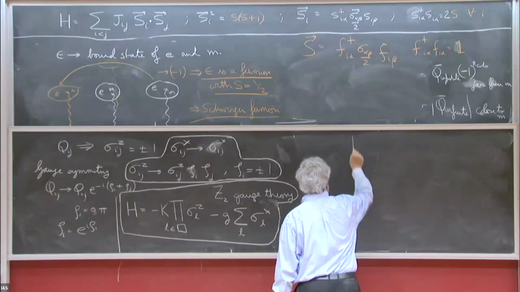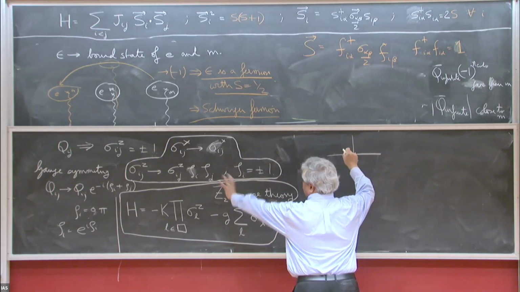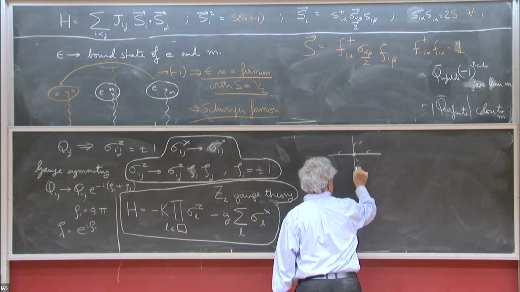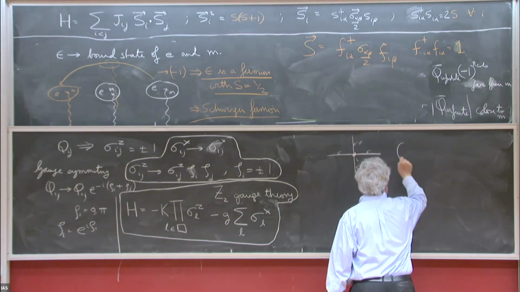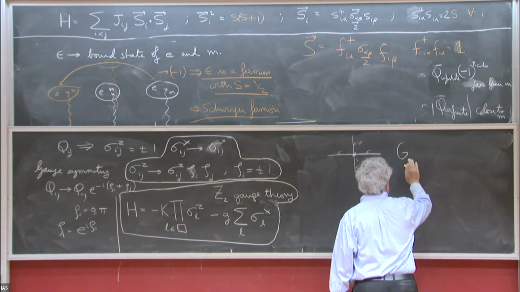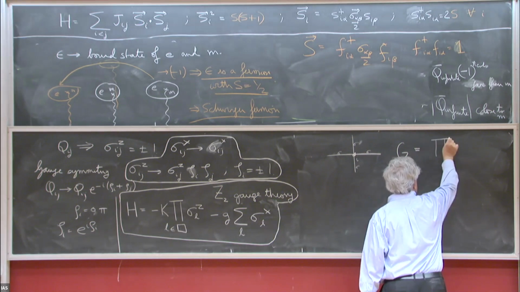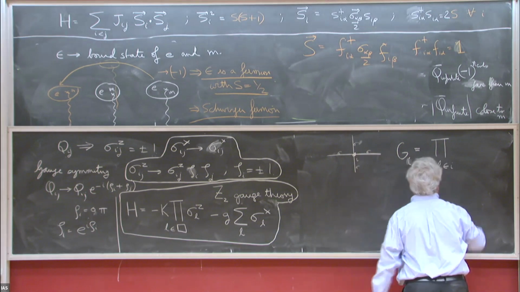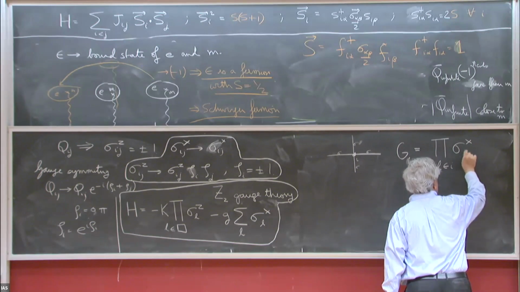For each lattice site i here, notice these qubits, the sigma z variables, are sitting on the links. So I have sigma here, sigma here, sigma here, sigma here. For each lattice site I define the following operator: G_i is the product over links l belonging to i, meaning links that end on i, of sigma x_l.